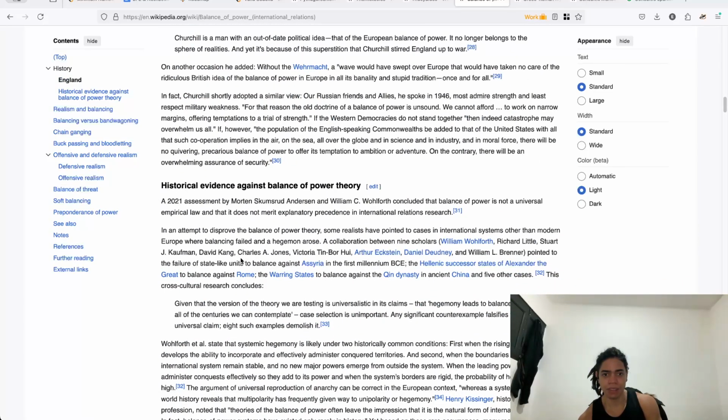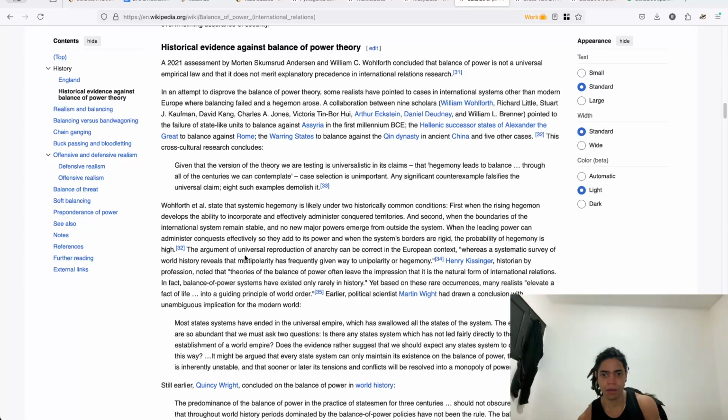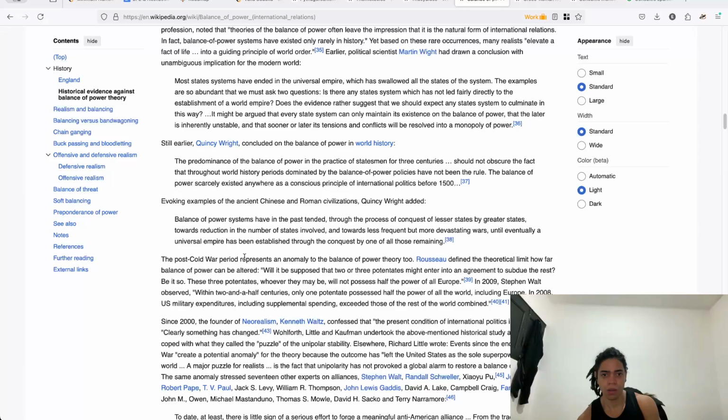Historical evidence against balance of power theory. The balance of power scarcely exists anywhere as a conscious principle of international politics between 500 and 1500.